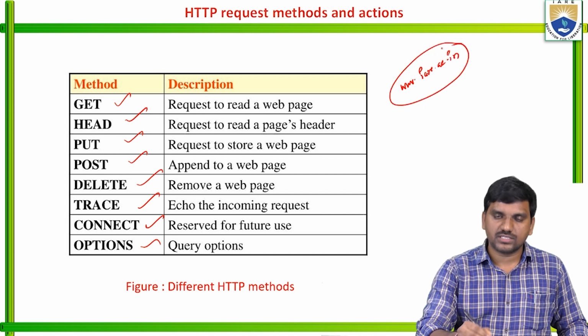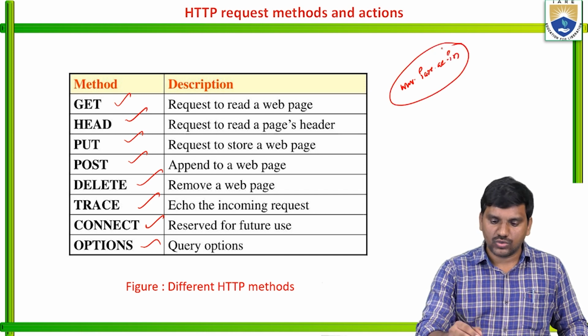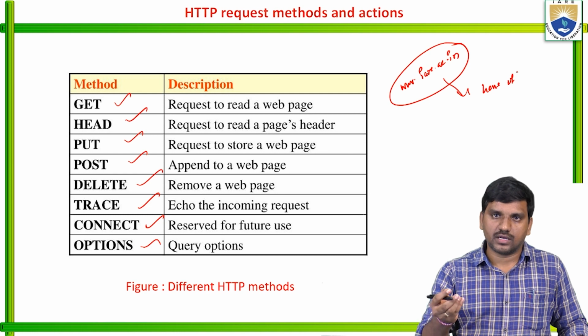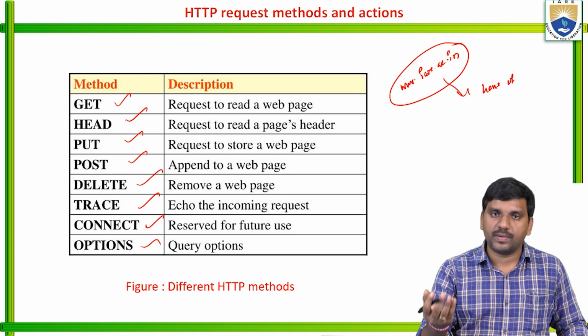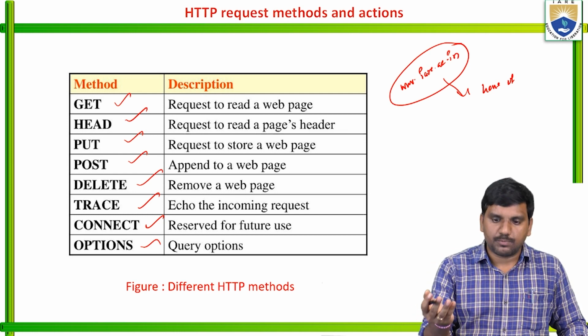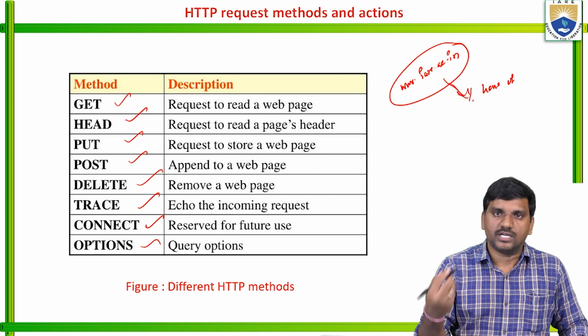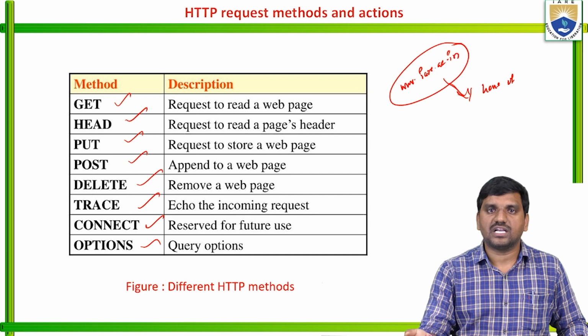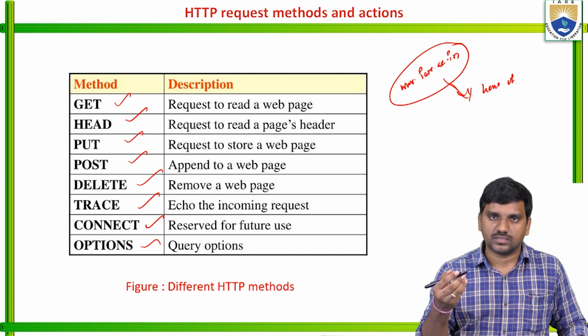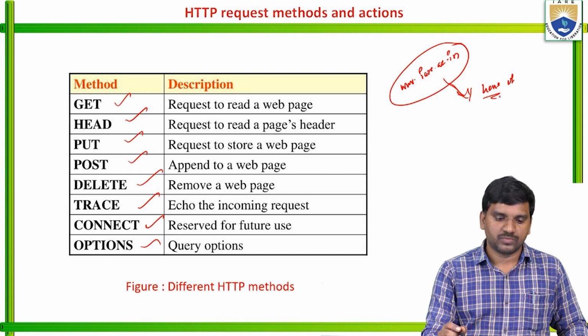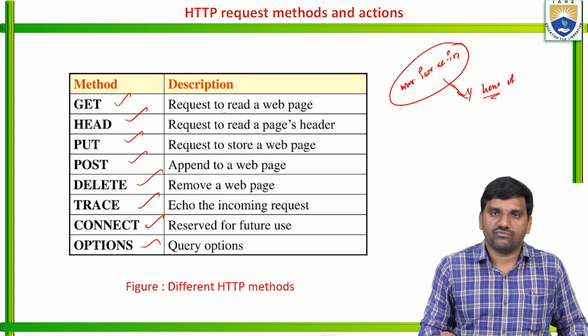When I type this website in the URL, immediately it opens the homepage of the website. That means a request is sent to the server, and immediately we get some data in terms of response, that is the home page. That is the request to read a web page.